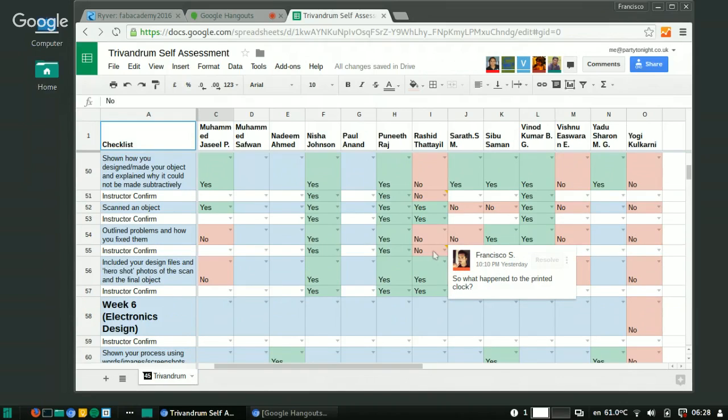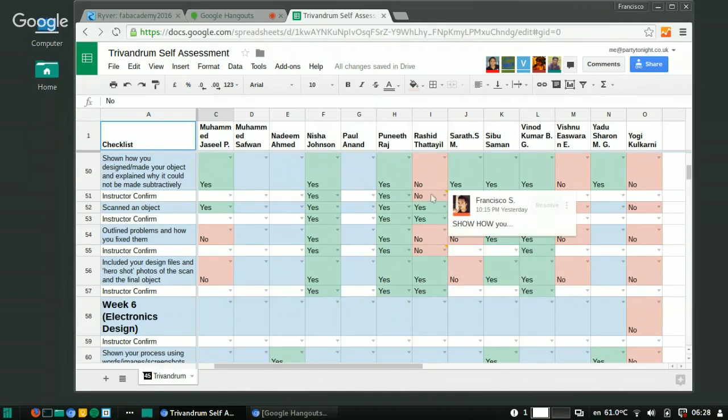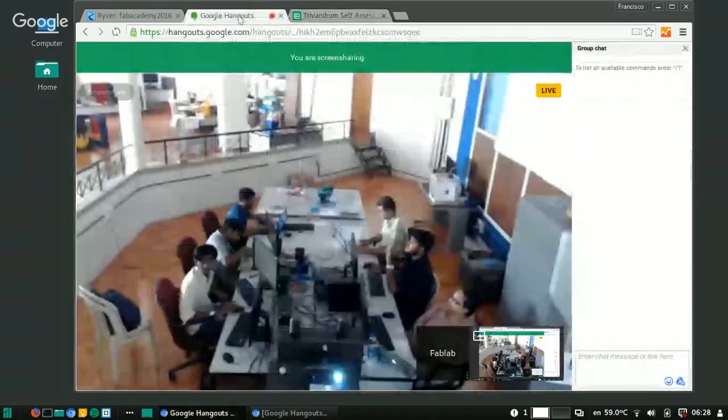So he has to explain what happened to the clock and show how the design was made, explaining with words.